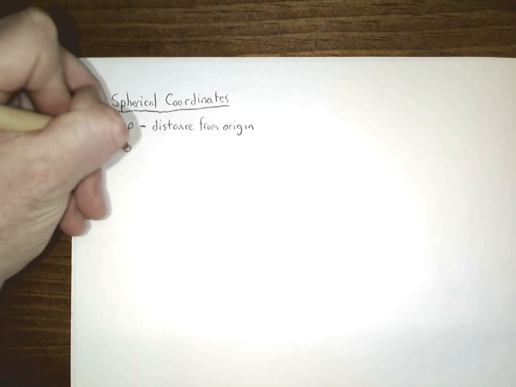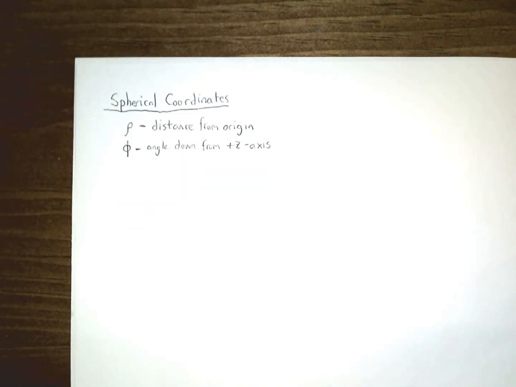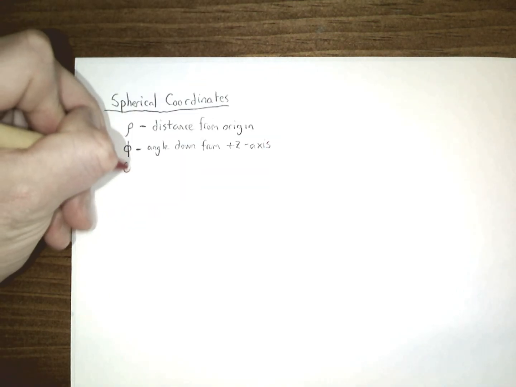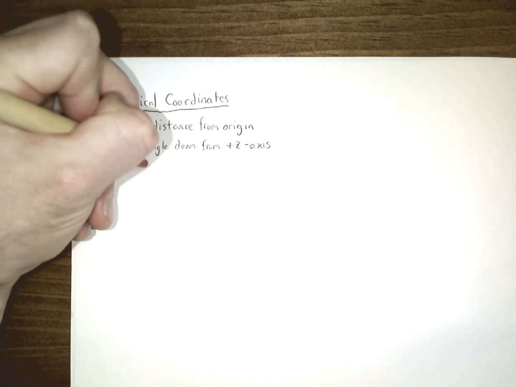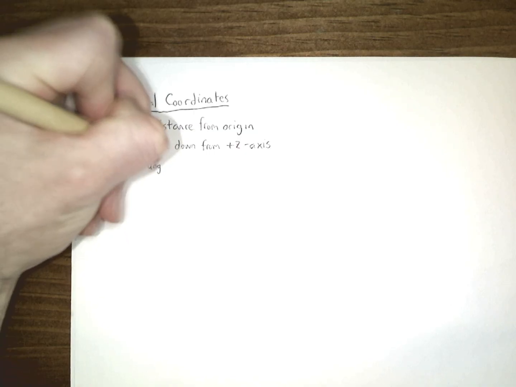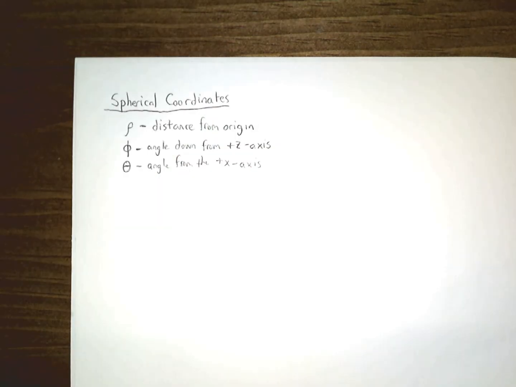We have a new angle, phi, which is an angle down from the positive z-axis. And then lastly, it's our traditional theta. This is the same theta that you would see in polar and cylindrical coordinates. It is the angle from the positive x-axis that swoops around.